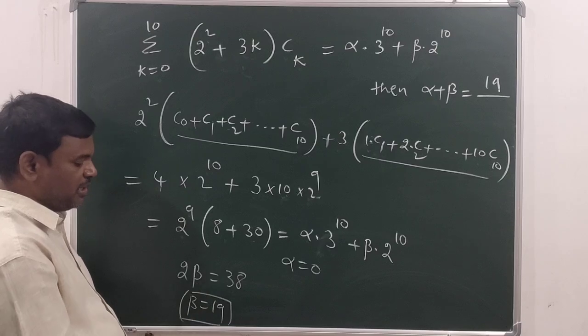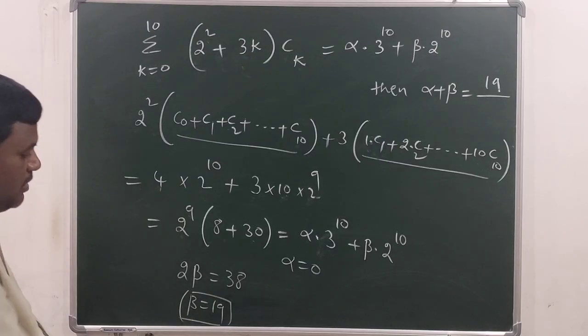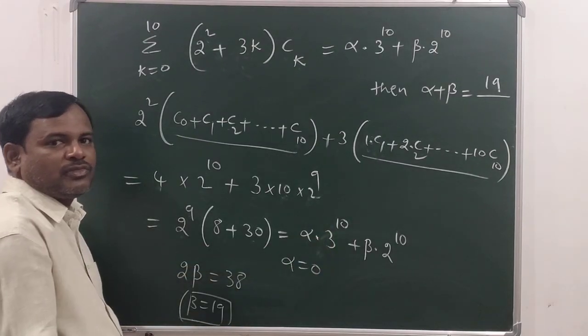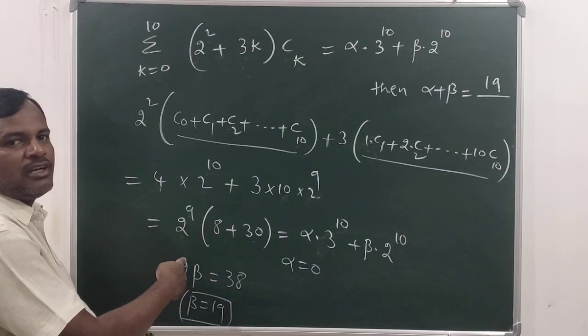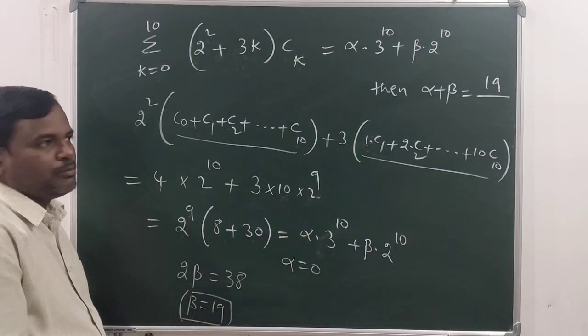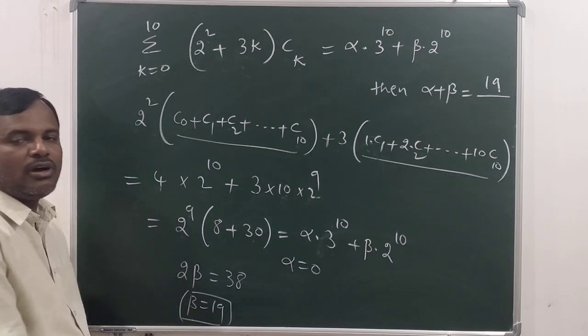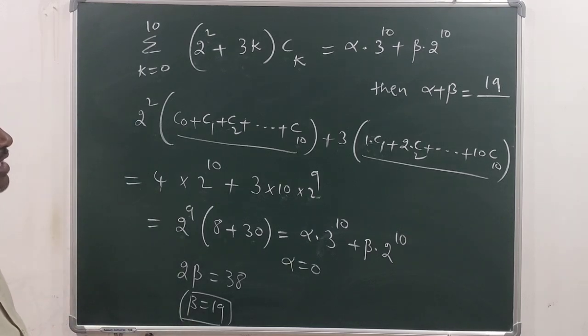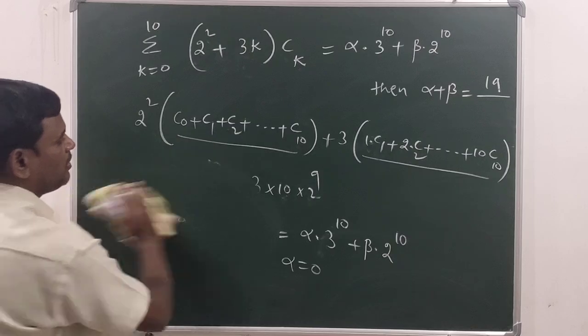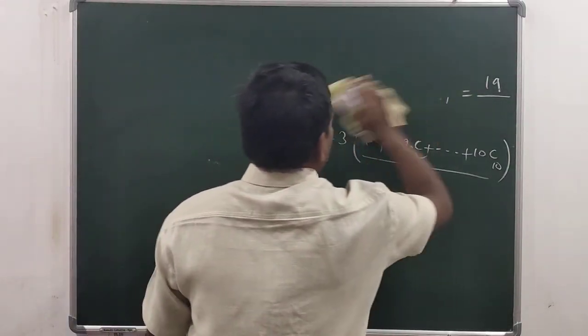So 2 beta equal to 38, beta is 19. There is no 3 power 10 on the LHS, hence I kept alpha 0, because in the problem they said alpha and beta are any real numbers. Now alpha plus beta equal to 19 is the required answer for this question. Now let us go to one more application.